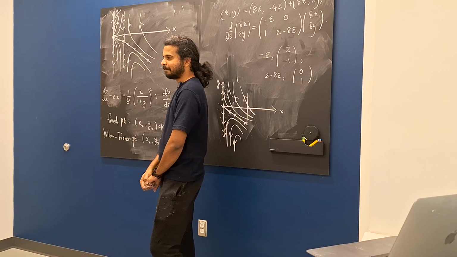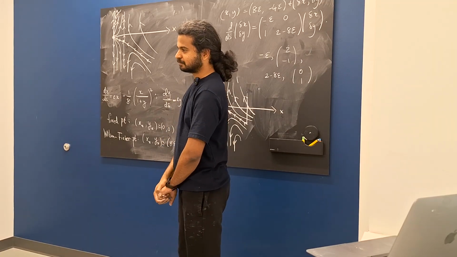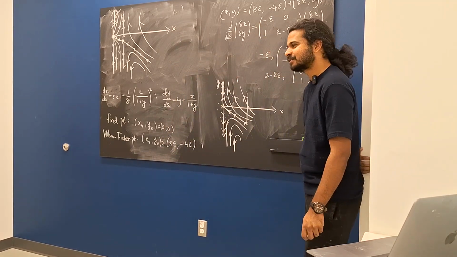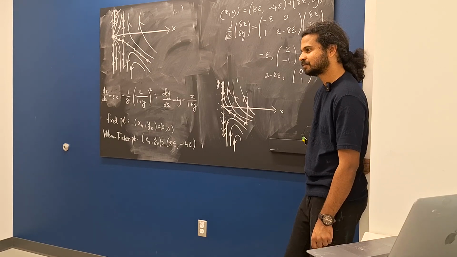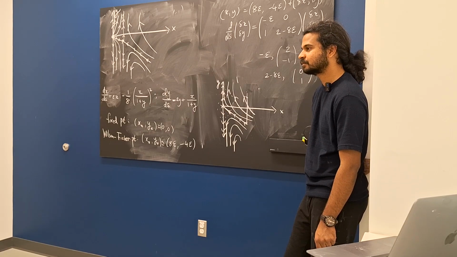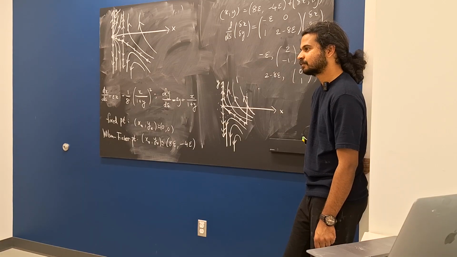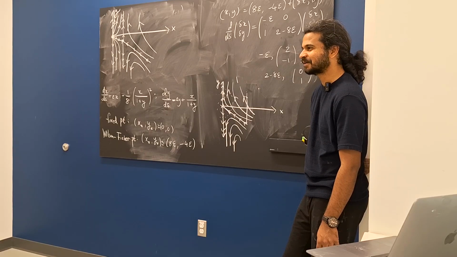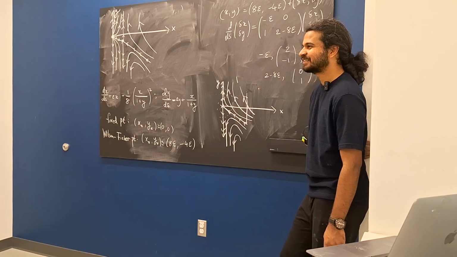I'm having trouble understanding orders and limits, I guess. Because epsilon has to be small, this fixed point is close to 0, 0, but we're expanding around each fixed point separately. But the expansions are not the same, right?